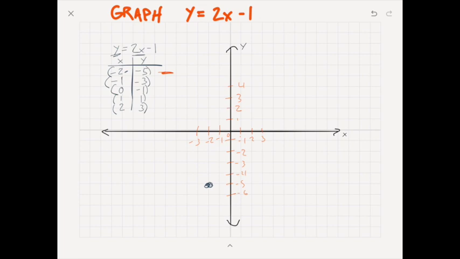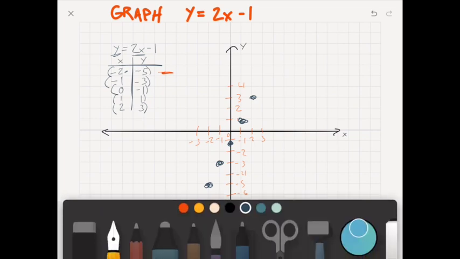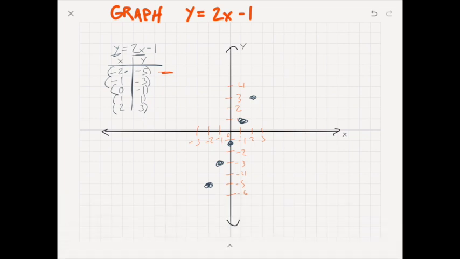Then we go -1, -3, same thing. That's going to live right here. 0, -1, here. 1, 1, here. And 2, 3, here. And my last step is going to be to connect a line through each of those.